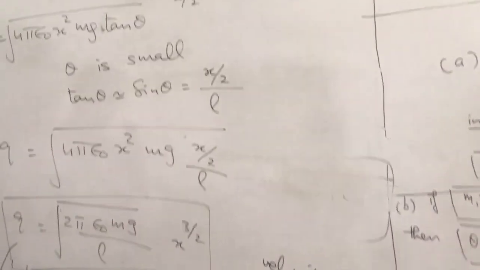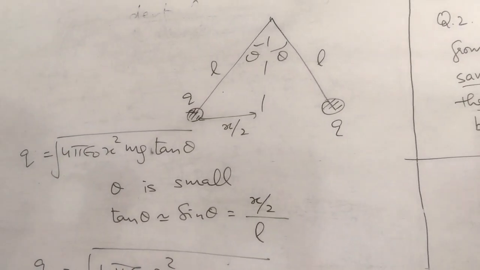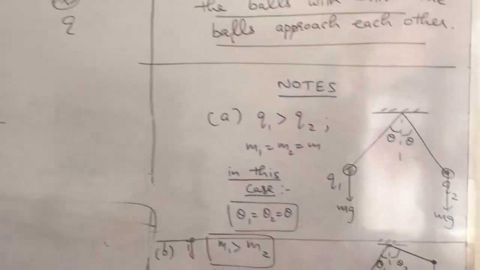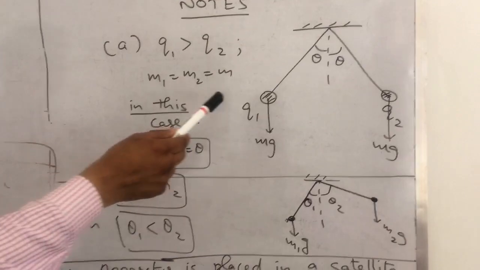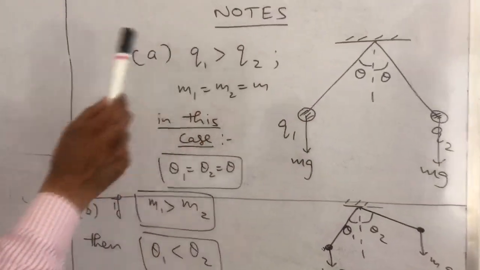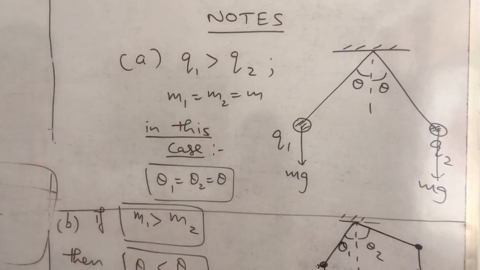In this diagram, let me discuss a few details. I have written here what I have termed as notes. First part, consider Q1 and Q2 are not the same. Q1 is greater than Q2, but their masses are the same.